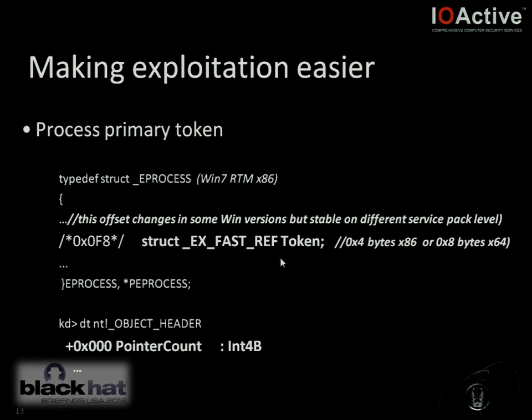Actually, it's a pointer, but it's a structure because I think the 3 least significant bits are used for fast reference counting. Given my tests, it seems that if you don't care about that when replacing a token, Windows doesn't crash.